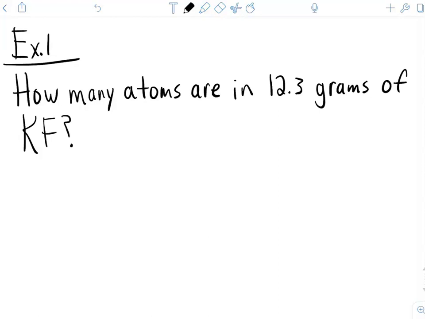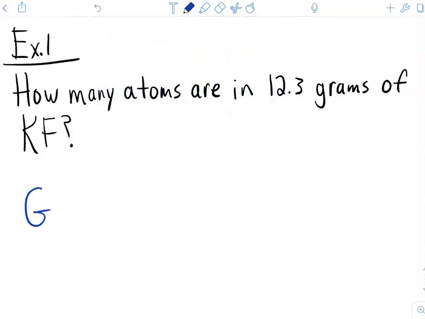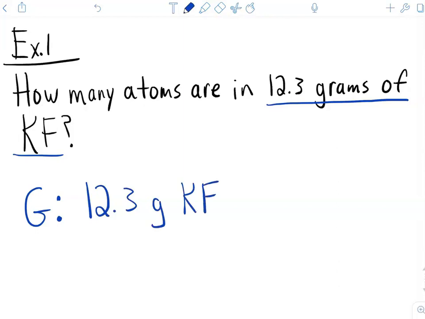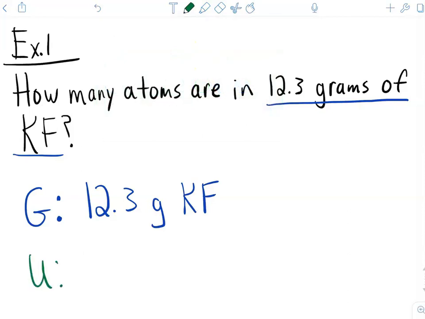Okay, now we are still using our guess method. So we're going to start out with our given, and this time they give us 12.3 grams of KF. Okay, then our unknown, or I like to think of the unknown as the thing I'm trying to get to.